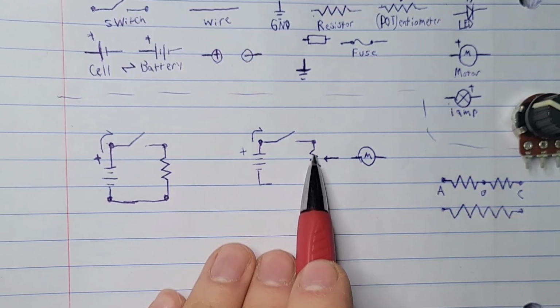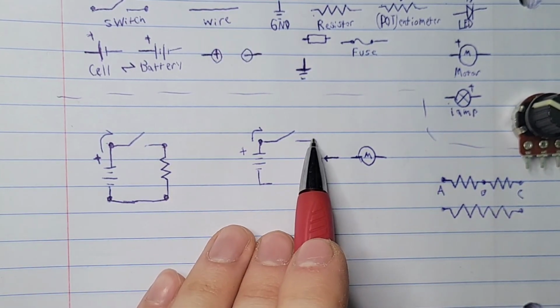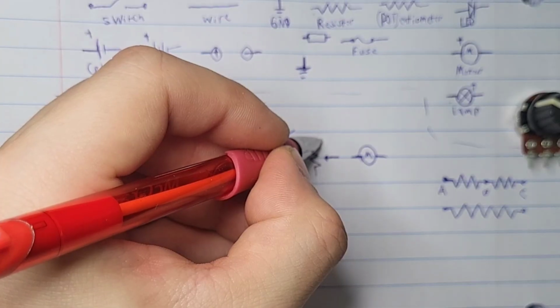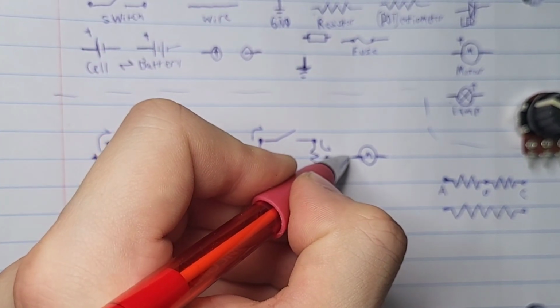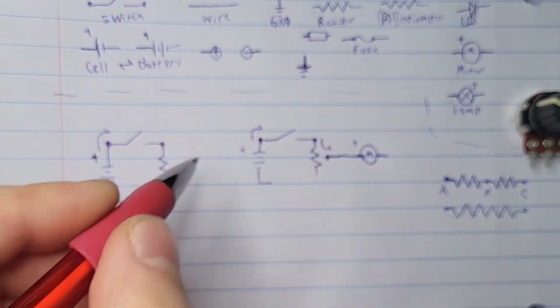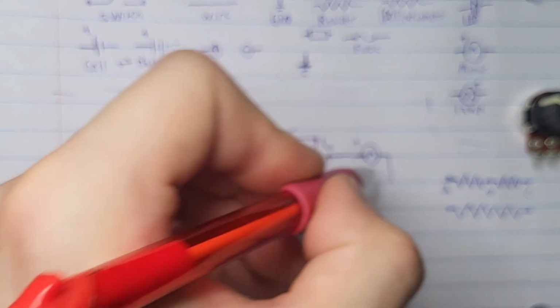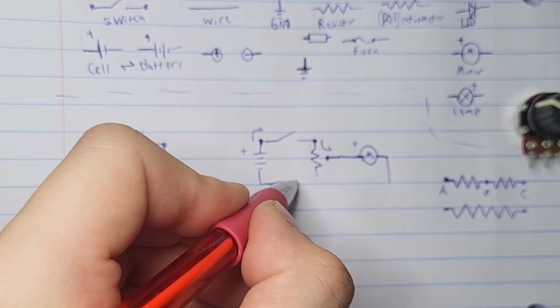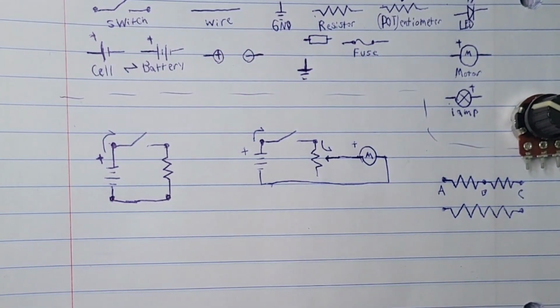So it doesn't just pass through and this does nothing. It goes into B. So it actually flows out here, and then if we attach the motor, this will be positive, and then we just bring this and connect it. So there we go.